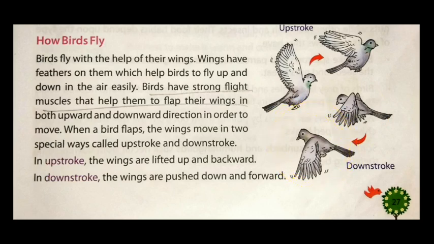The wings move in two special ways called upstroke and downstroke. In upstroke, the wings are lifted up and backward.